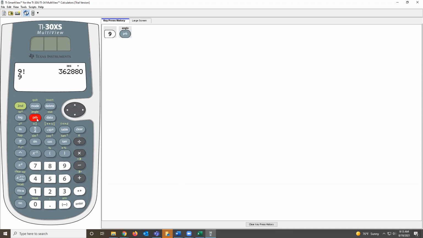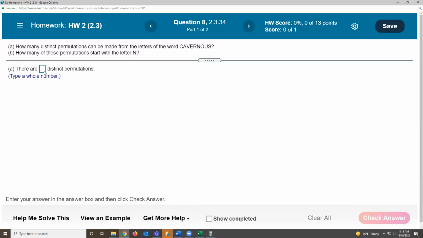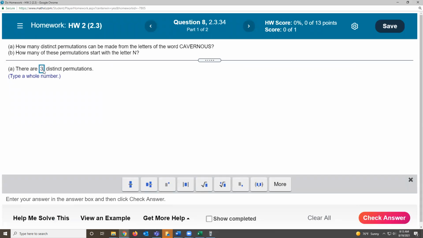Nine, PRB, and factorial. Okay, so we see that it's 362,880. And that will be our answer.